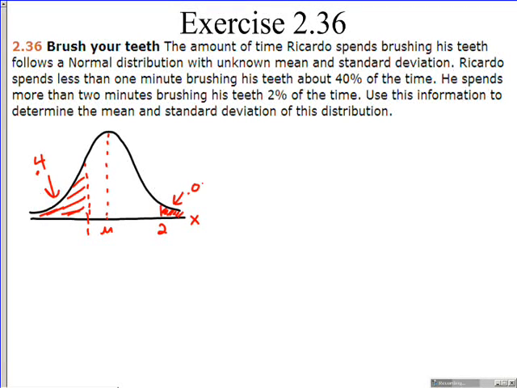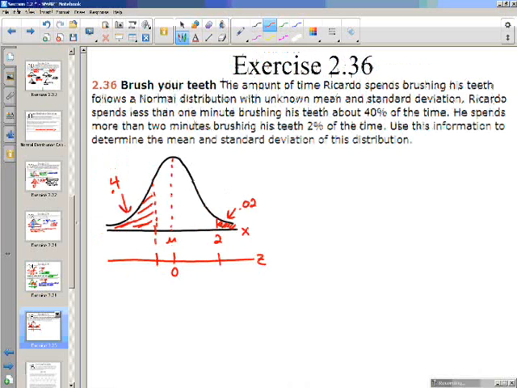So that area is 0.02. If we convert those to z values, first z value, inverse norm of 0.4 will give us this one. Inverse norm of 0.98 would give us this one. Let's go to the calculator and find each of those.